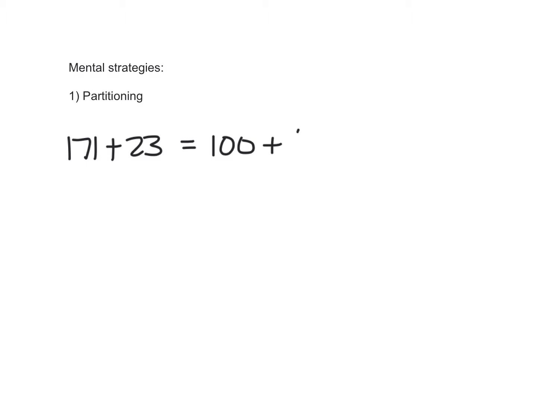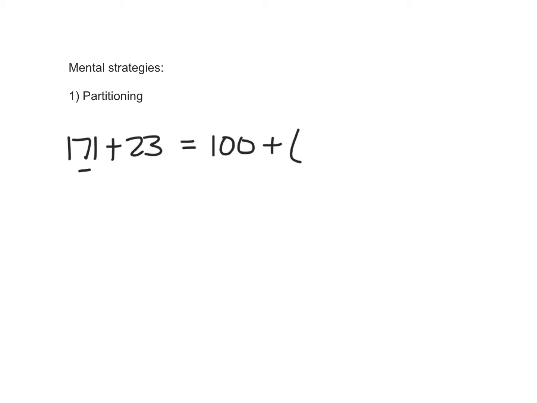Our first mental strategy is called partitioning, and that is where you group digits in the same position. So if I had the number 171 add 23, what I would do here is I would say, well, I've got only 100, which is in the 171, plus, how many tens have I got?